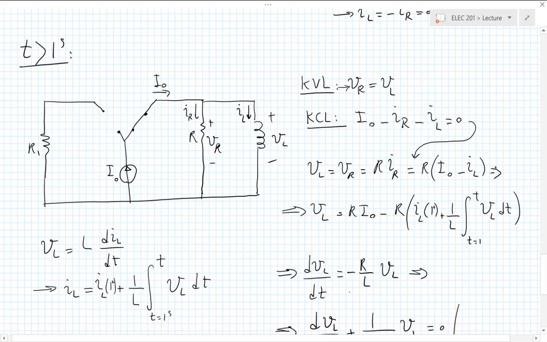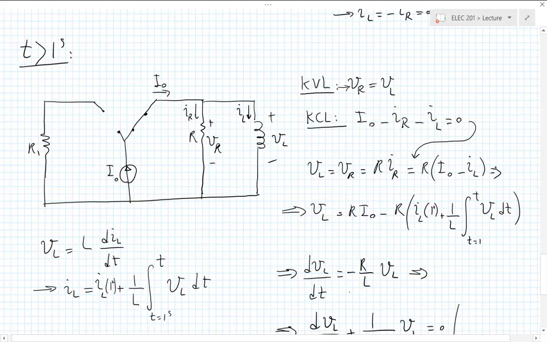It does not mean that its current is also 0, right? Quite to the contrary. On this circuit, if the voltage of the inductor is 0 here, okay, what is the voltage of the resistor? Also 0. So what's the current of the resistor? 0. So where does all this current I naught go? Goes through the inductor, right?